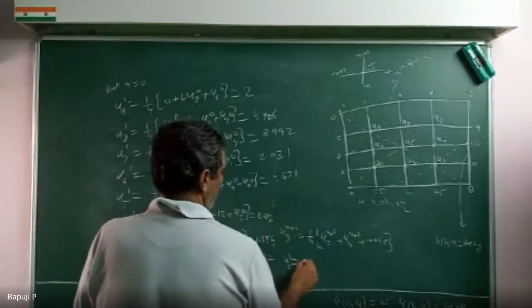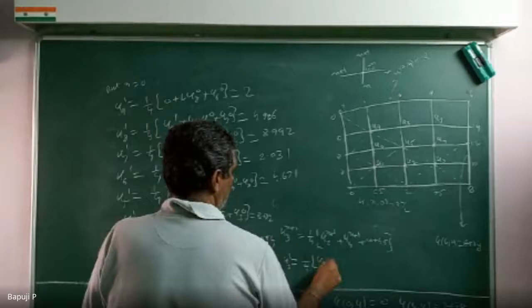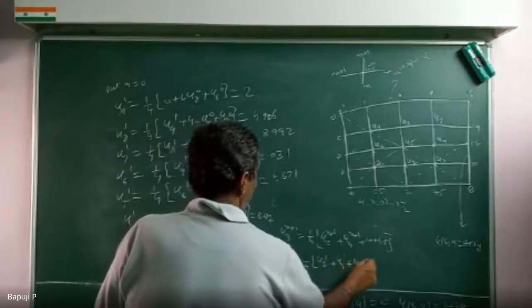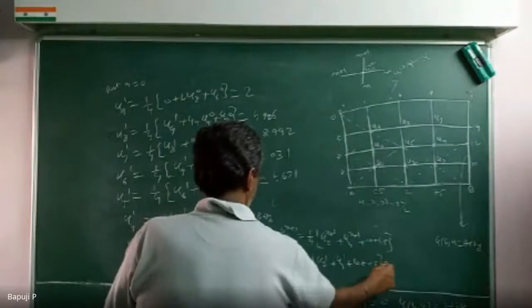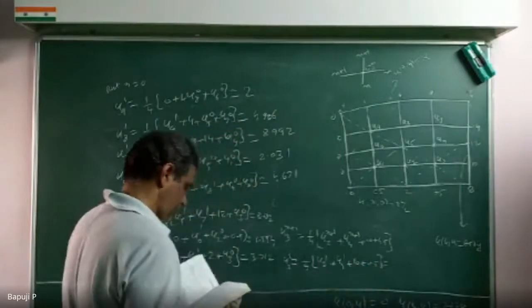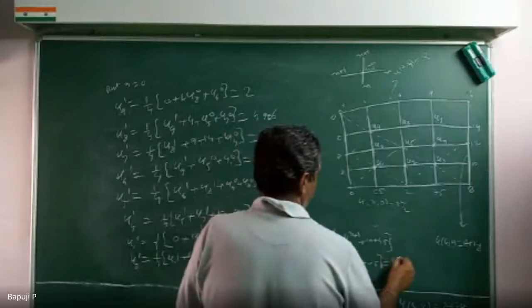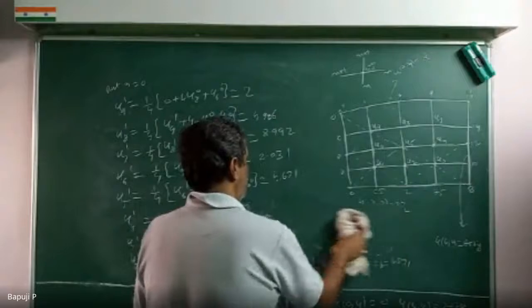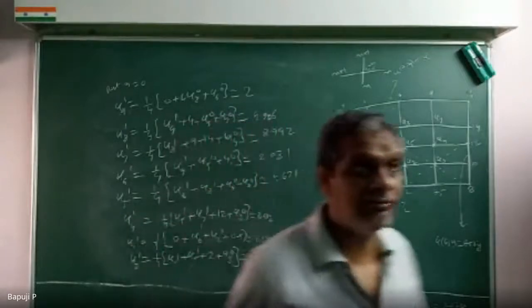U31 is equal to 1 by 4, U21, U41 plus 10 plus 4.5 is equal to 6.57. If we put n is equal to 0, 9 values will be obtained.